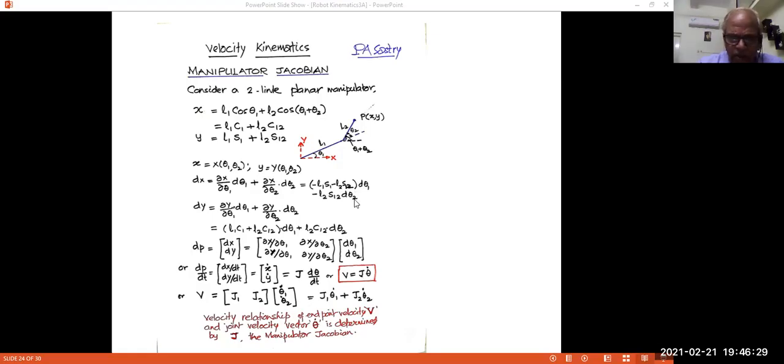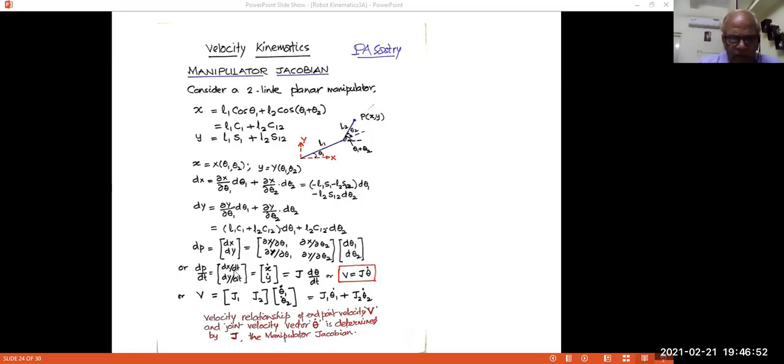Similarly, the infinitesimal change in y will be L1 C1 plus L2 C12 times d theta 1, plus L2 C12 d theta 2.